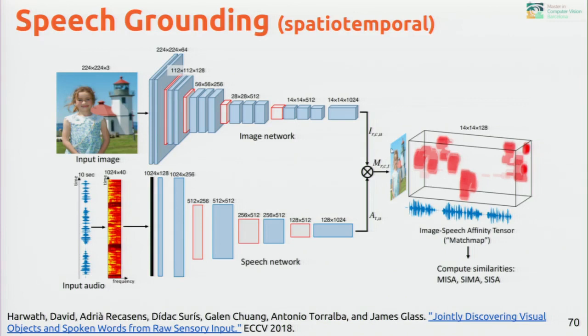So what you will see now, again, you are comparing an image with audio, and I know that this is not video, but I guess the next work will be about video. You have the image, over here you will have the speech, and they plotted the activations on different parts.